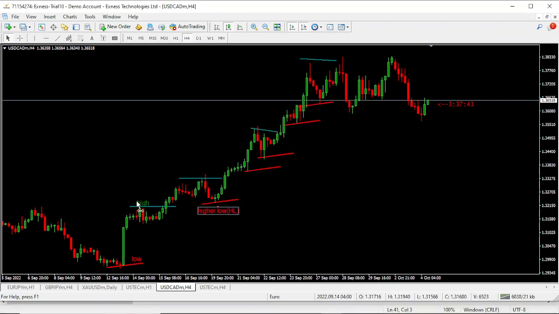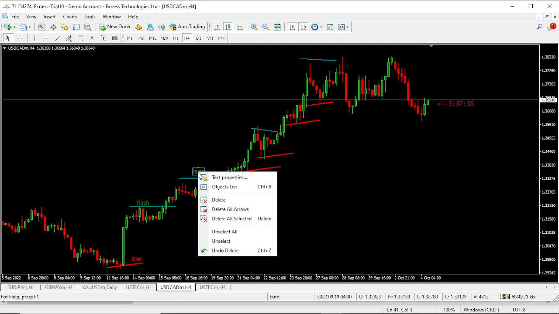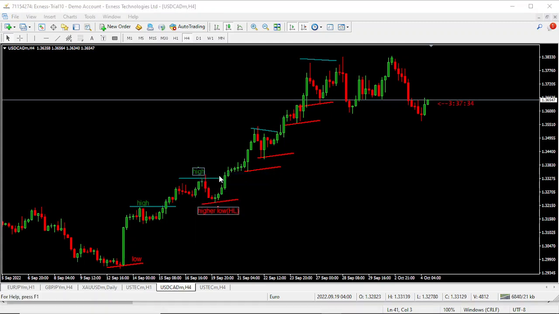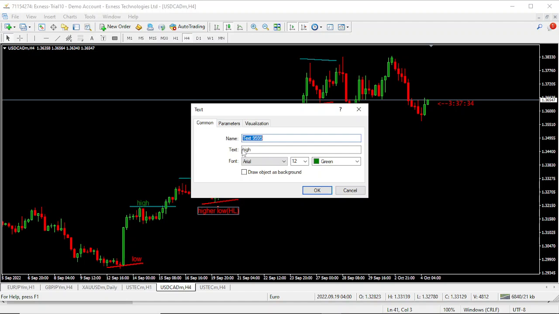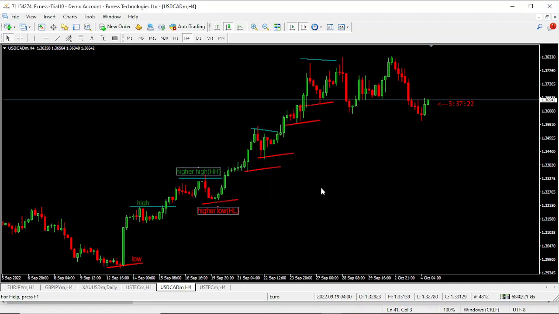If we have a look at this high over here, it's higher than the previous high that was made. So that means it's a higher high, which is abbreviated double H. So now if you have a look at the price, that's what it keeps doing.